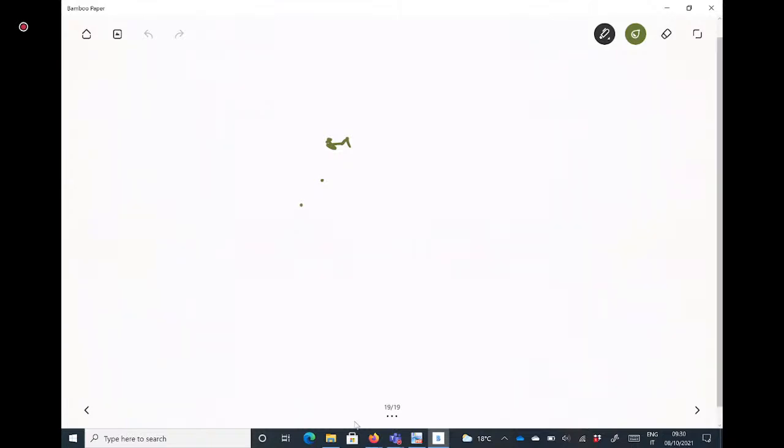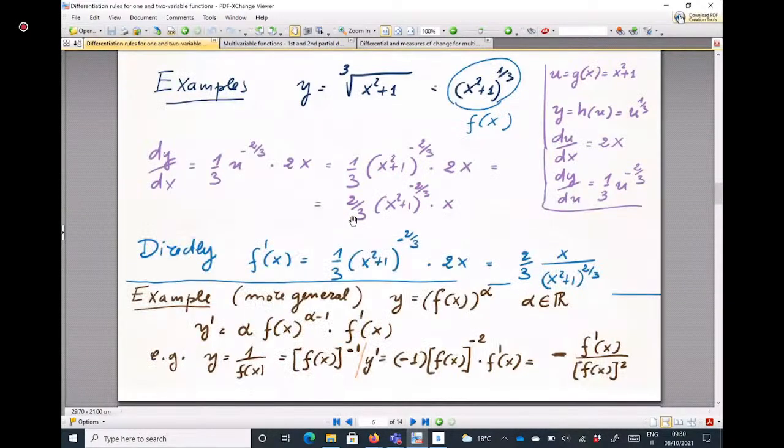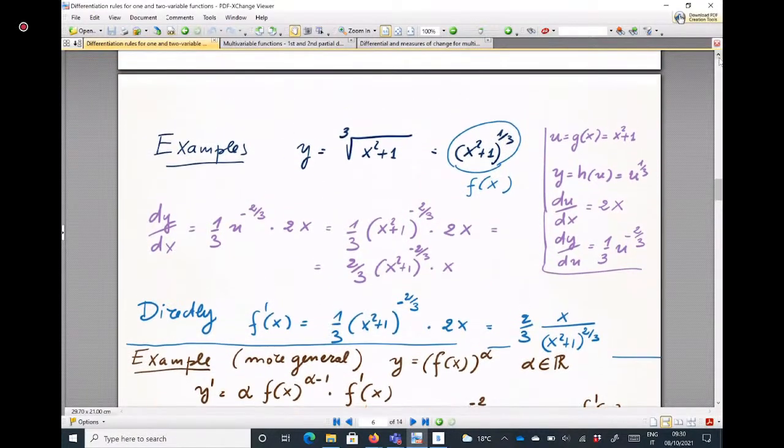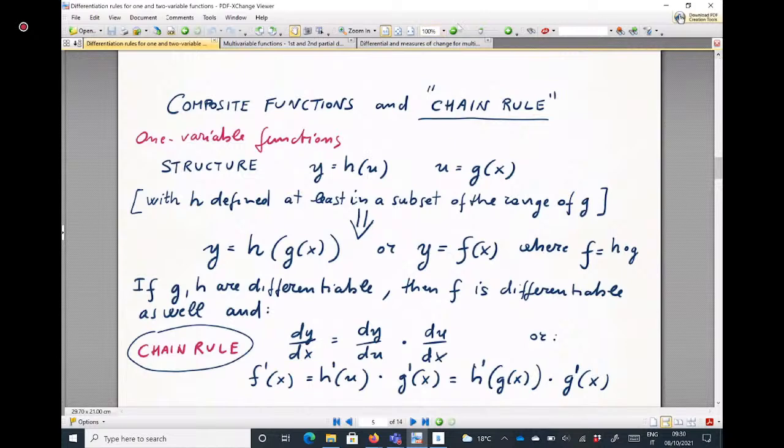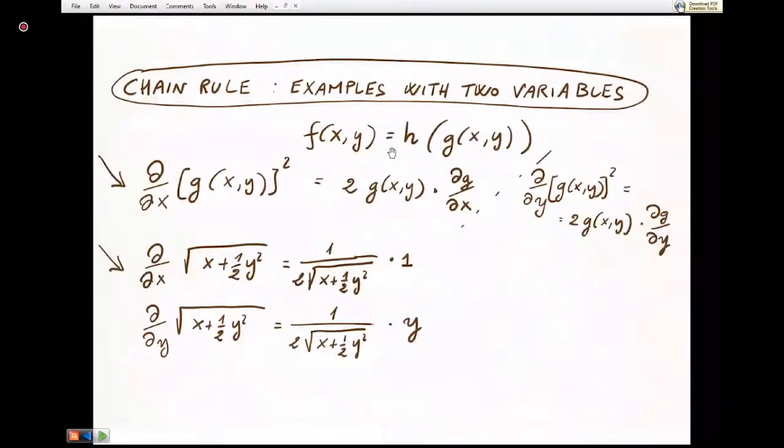Just look at this idea, because today we have everything already here, but in the case of one variable function, there is only one possible structure of composite function, which is this one, okay? A one variable function of x and a one variable function of u. But in the case of two variables, I'm going to present now a particular structure, which is very common, but there are more structures.